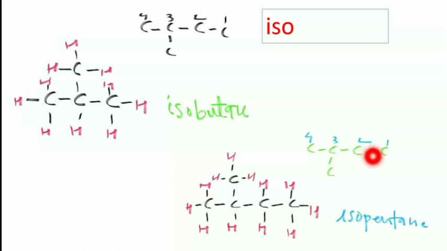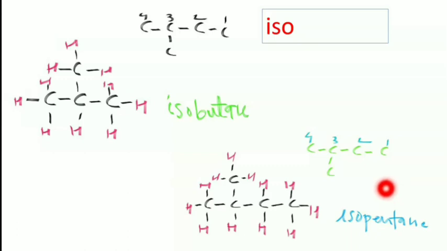So its rule: iso is used for the alkane in which one methyl group, that is CH3, is present next to the end carbon. Next to the end of carbon means what? The last carbon. There will be a methyl attachment on the second last carbon atom of the continuous chain. At the same time you can use iso as a prefix.